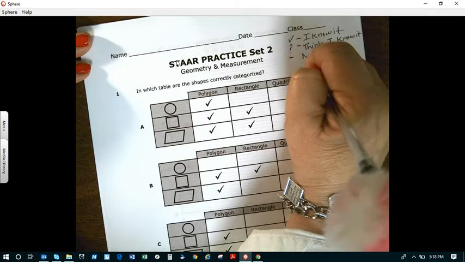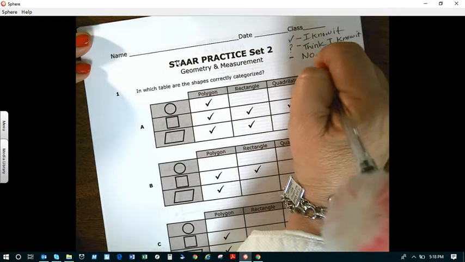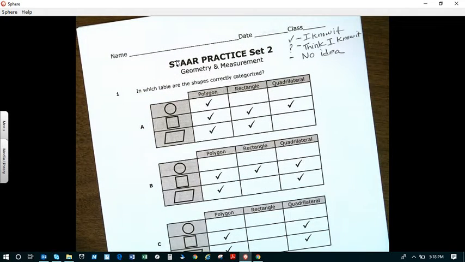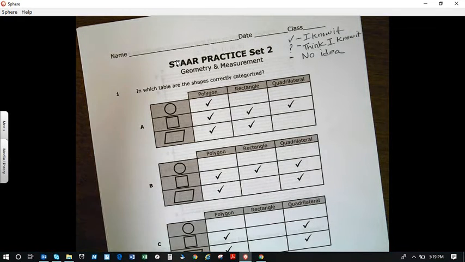And this is no idea. You have no clue how to solve it, okay? So on Monday you were supposed to skim through it and then count the number of check marks, question marks, and dashes that you have so that you know what you need to focus on, and then when you get the sheet tomorrow, you'll be able to make your calculations.